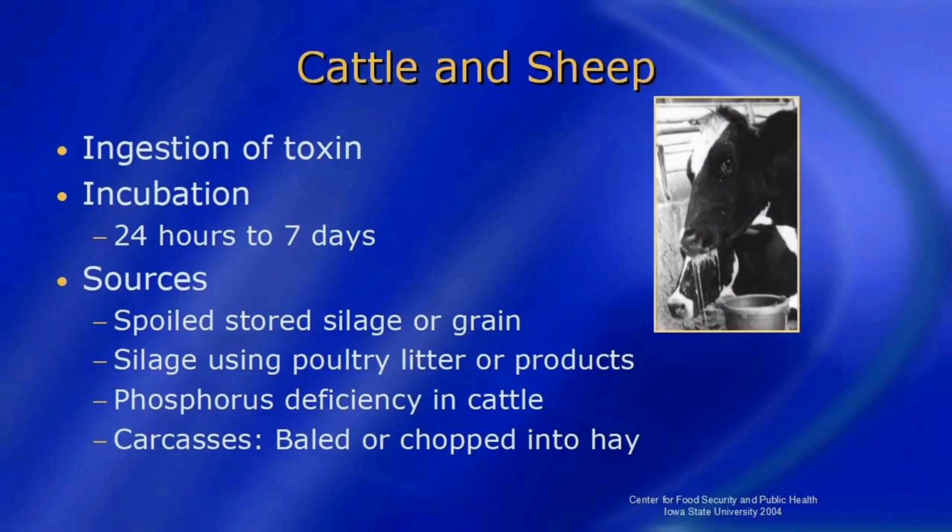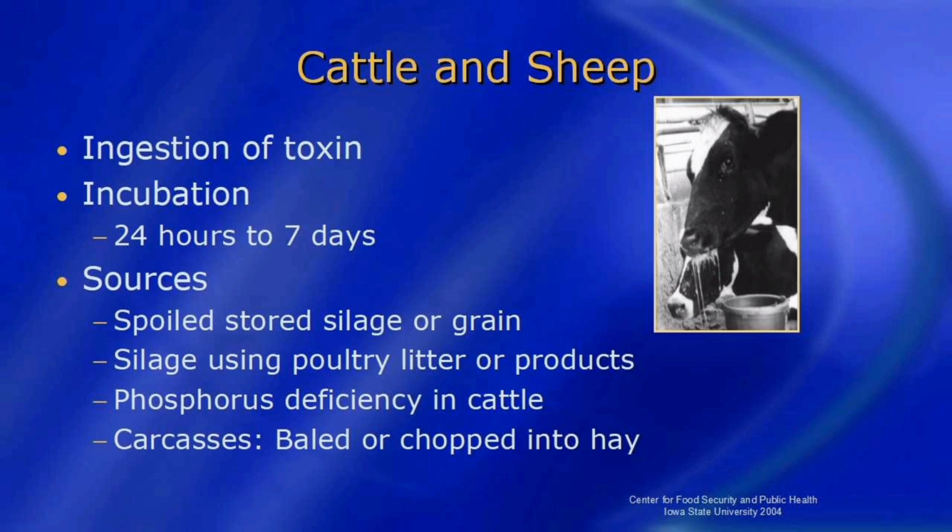In cattle and sheep, the disease is usually caused by the ingestion of neurotoxin in contaminated feedstuff. Most cattle cases involve type B, C, and D toxins, while most sheep cases involve type C toxins. The incubation period is 24 hours to 7 days. Common sources of toxins include improperly stored silage or spoiled beer.